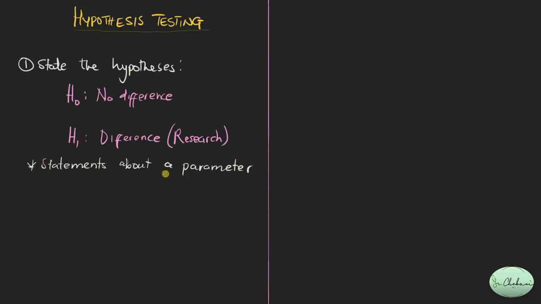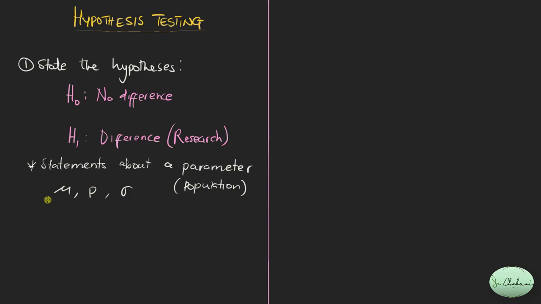That parameter can be a mean, a certain proportion that we are interested in, or in certain instances, the variance or the standard deviation. So they are statements about the population. That's the take home there.